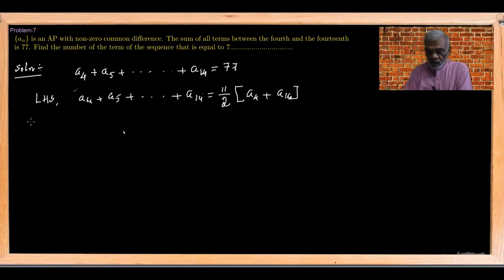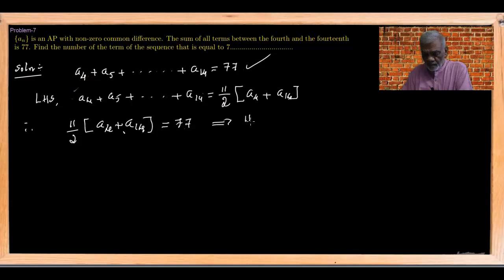Therefore, we have 11 by 2 into A4 plus A14 is equal to 77.